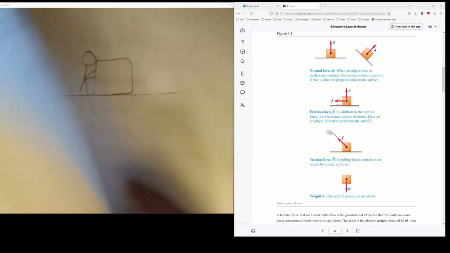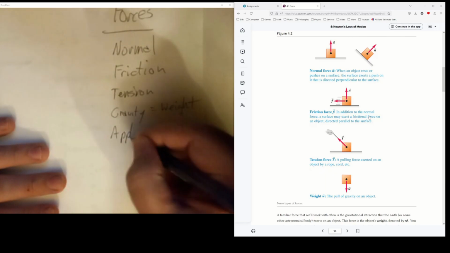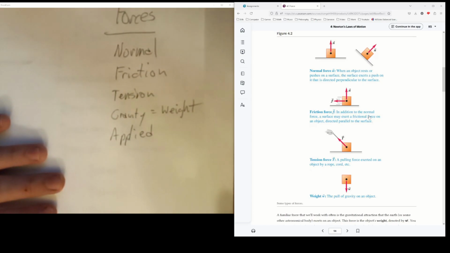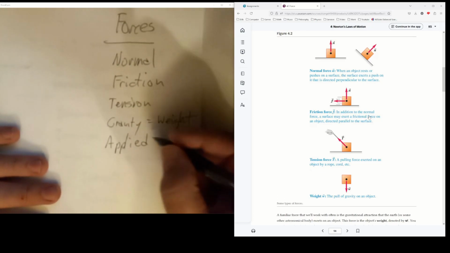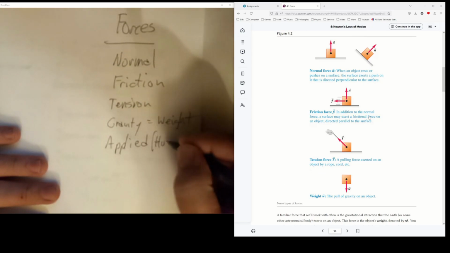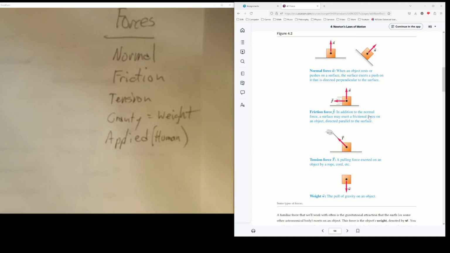So another force that I'm going to add to this that we're going to see is what I call an applied force, and a lot of other people do too. It's not just my name there, but an applied force. An applied force is when a human gets involved. So, maybe a human, sometimes a book may use other contexts. In 121, we just did one where a monkey was pushing a box.